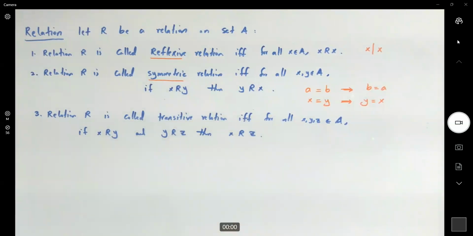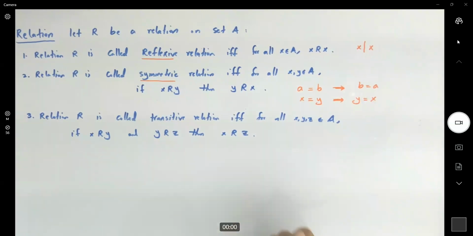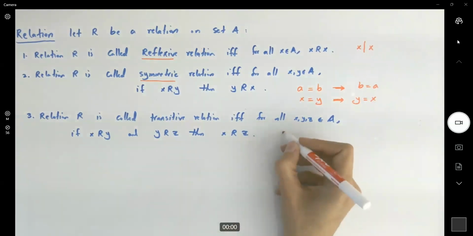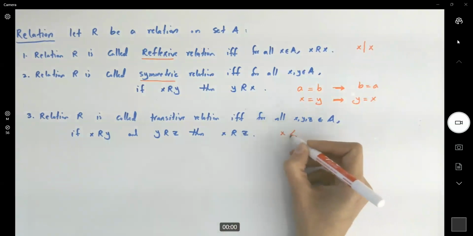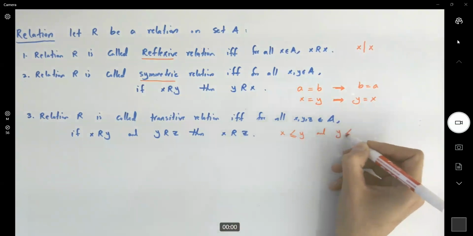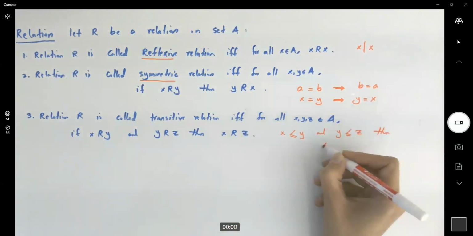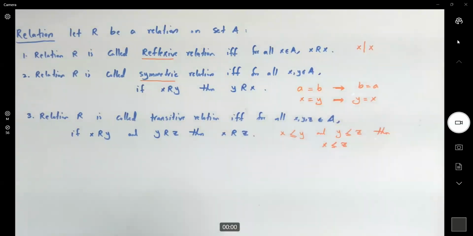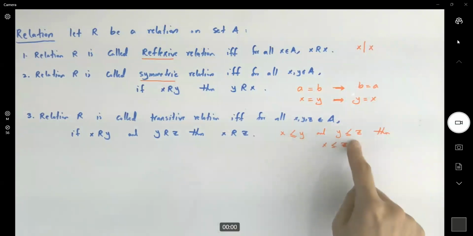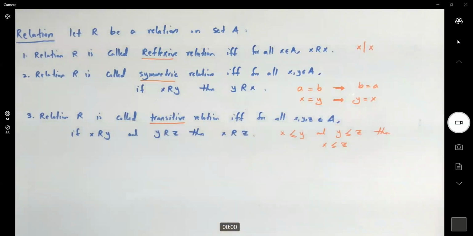One example that you saw multiple times in algebra is being less than. If x is less than or equal to y, and y is less than or equal to z, then for sure you can conclude that x is less than or equal to z. So less than or equal to as a relation is a transitive relation.